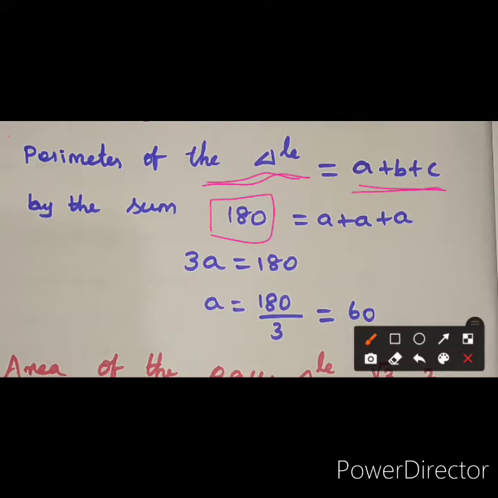So A plus A plus A is 3A, equal to 180 centimeter. So A is equal to 180 by 3, cancelling, 60. So 60 centimeter is the equal side.